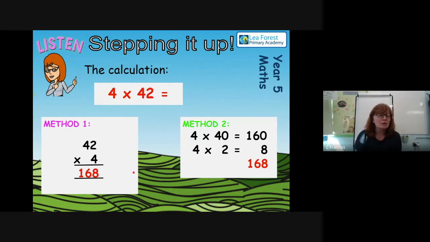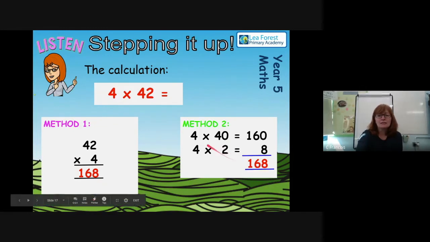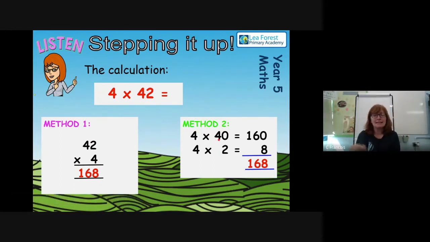Or I can partition to multiply. So I can say 4 times 40 or 4 times 4, because that makes it mathematically easier for me. 4 times 4 is 16, but I have to remember that it was 40, so it's 160 and not 16.